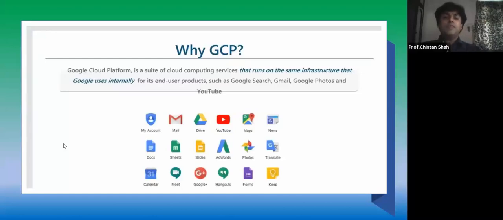Now once we have convinced you about the Google Cloud Platform, let us go to the next slide, where we are going to see what the core domains of Google Cloud Platform are, and then we are going to see each one of them in detail.